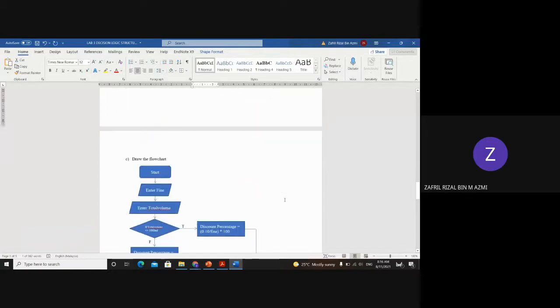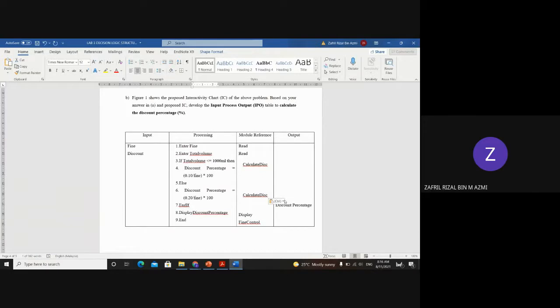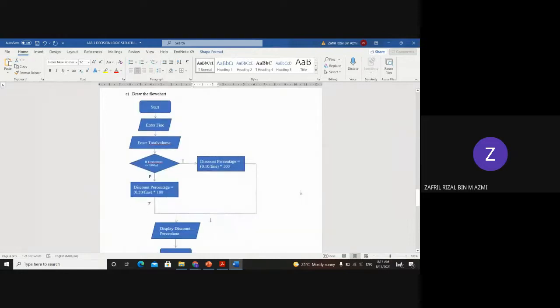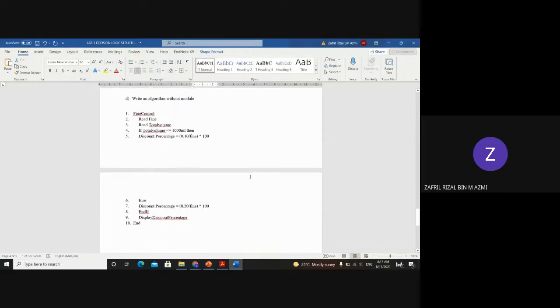Okay, good. If you are required to develop the algorithm, just copy and paste this, the same. So for the flowchart, okay, true. This is by selection. Good.